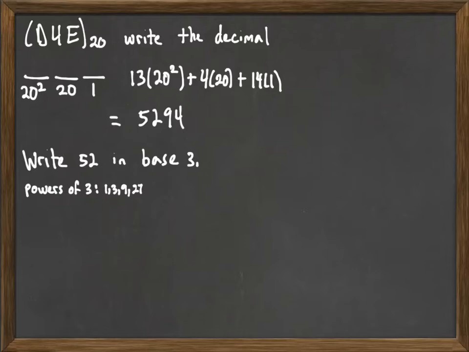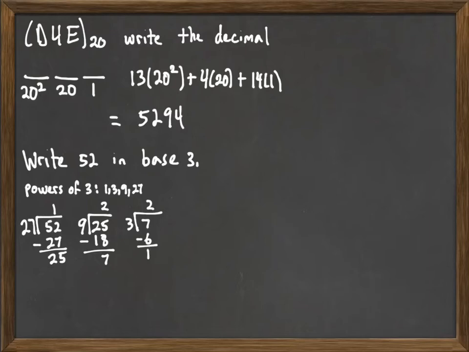And remember, what we do here is we divide. So we would take 27 into 52, find out that goes one time, with 25 left over. We then take the remainder, go to the next power. So 9 into 25 goes 2 times, with 7 left over. Then to the next power, 3 goes into 7 2 times, with 1 left over. And then finally 1 goes into 1 one time.